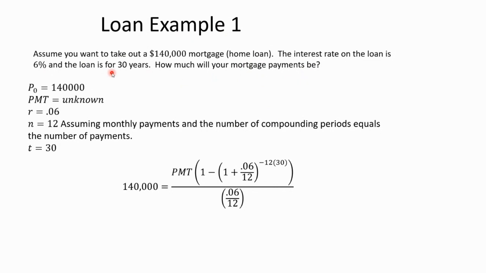And this loan is going on for 30 years. Now, I don't know if that's how mortgages normally are, but let's just assume that's the case. Although I think they can go on for like 30 years. The question is, how much are your mortgage payments going to be? How much would you have to pay? How much would your monthly payments, that's what we do here, be?